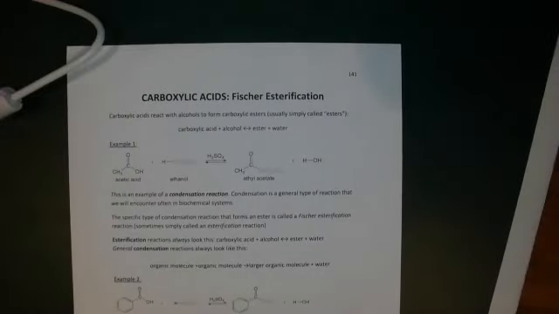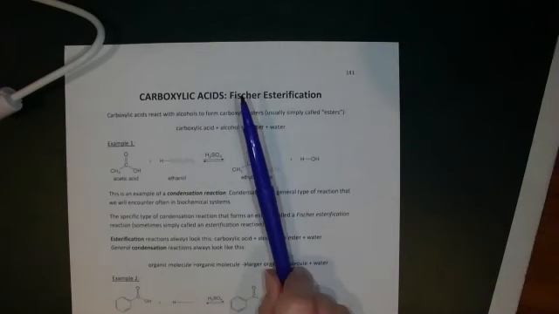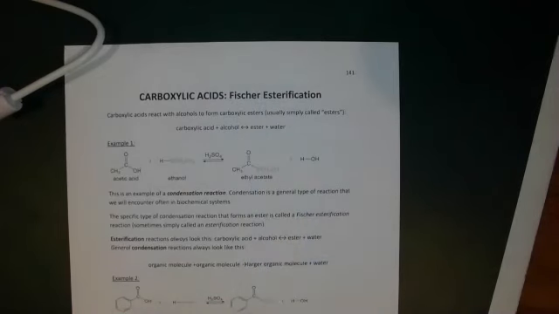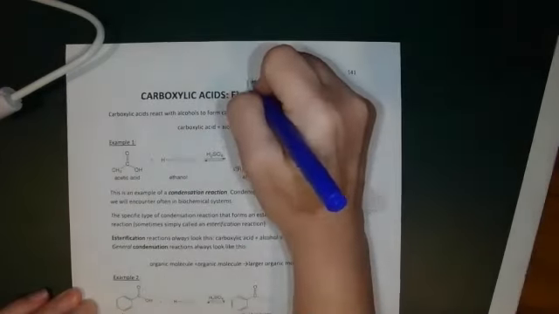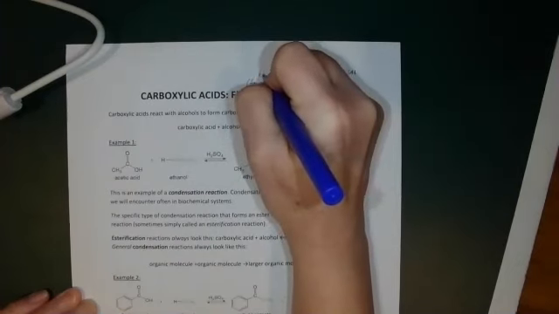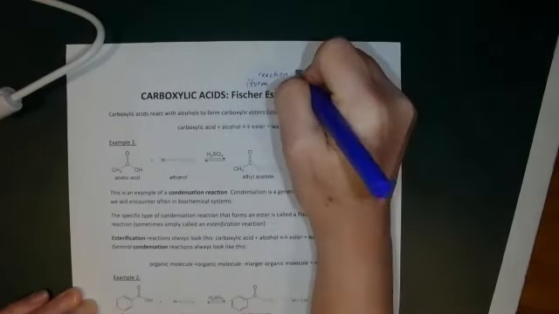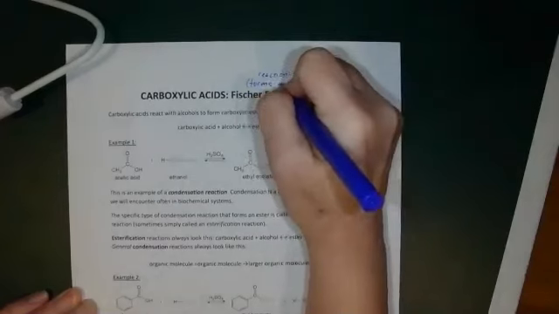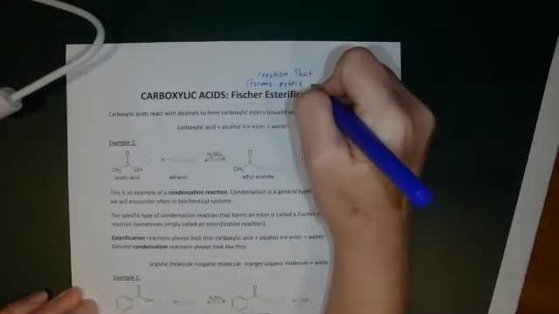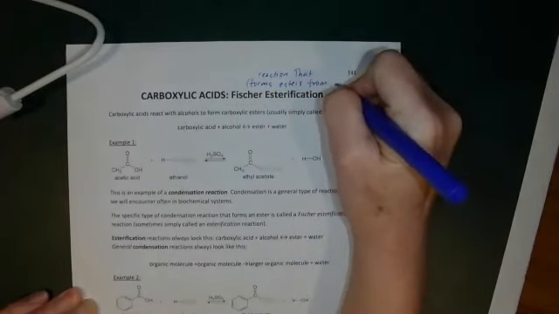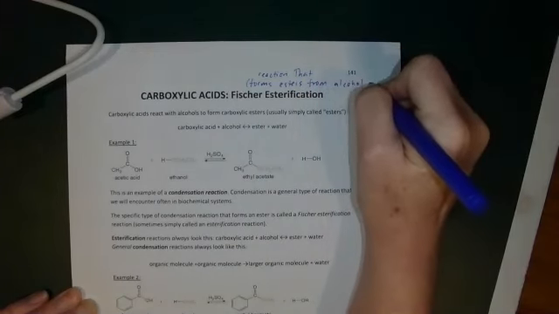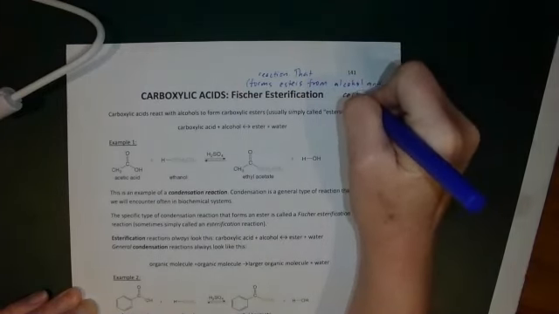So I will ask you to join me on page 141. Page 141 introduces the reaction of Fischer esterification. I'll just remind you, this is the reaction that forms esters, and the reactants are alcohol and carboxylic acid.